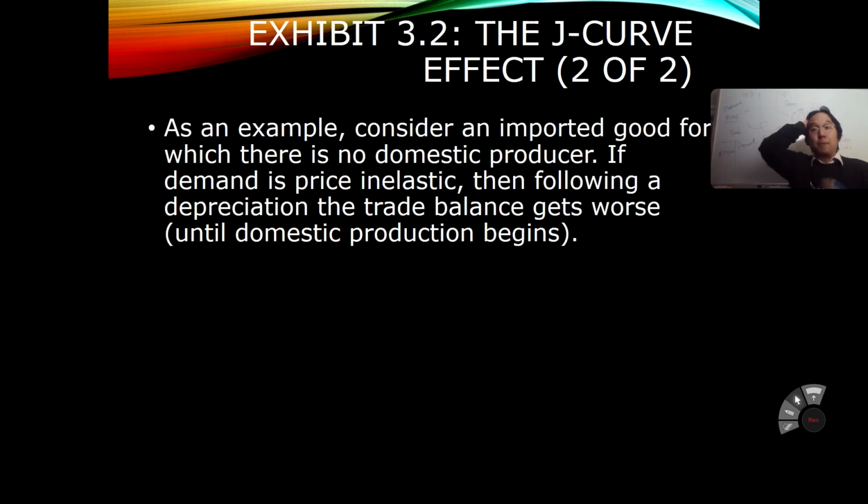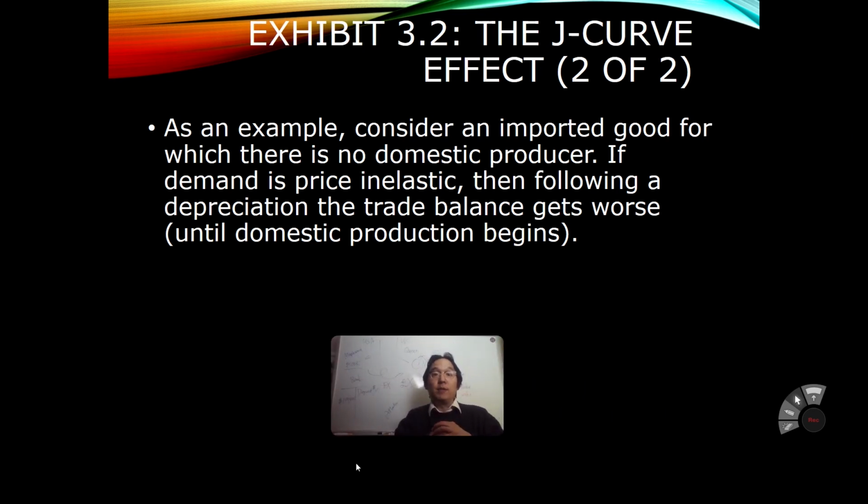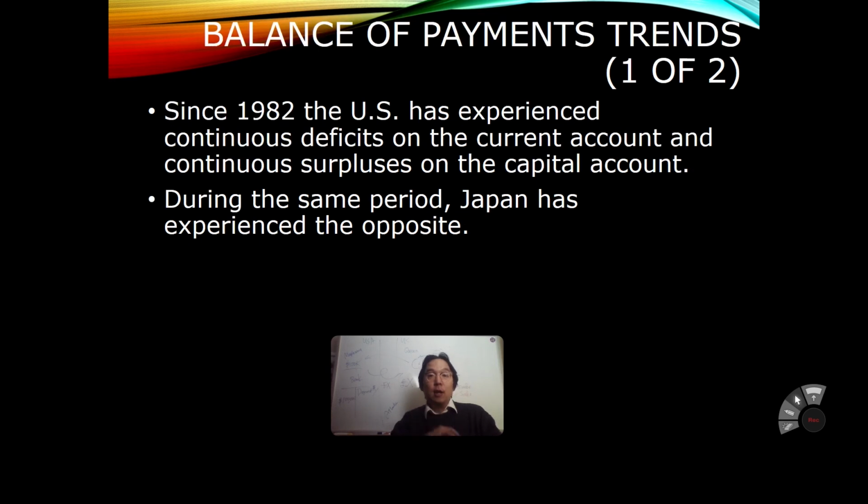Now, as an example, consider an imported good for which there is no domestic producer. If demand is price inelastic, then following a depreciation, the trade balance gets worse until domestic production begins. So it also depends on the price elasticity of that product. Now, balance of payments trends are shown in the following table that you're going to see.